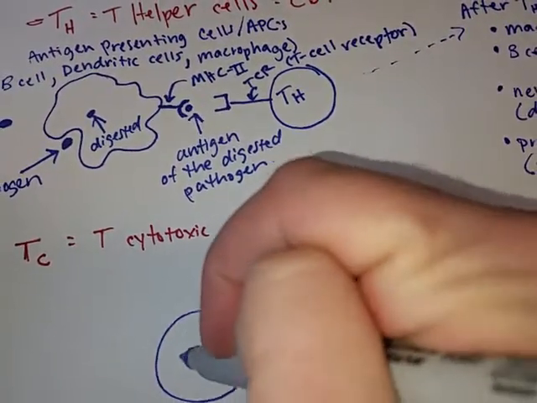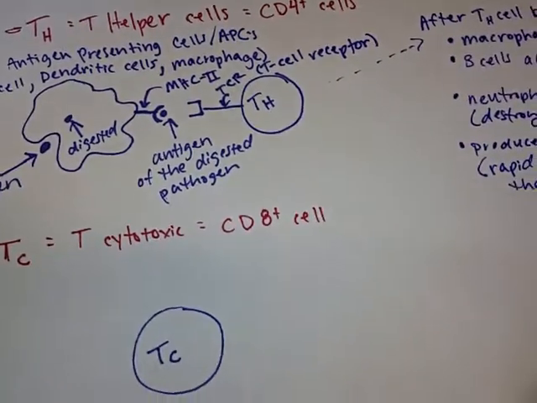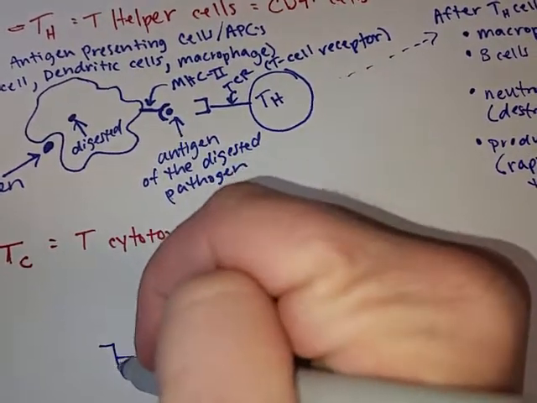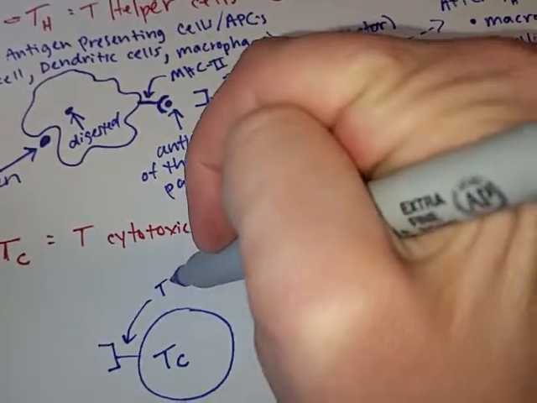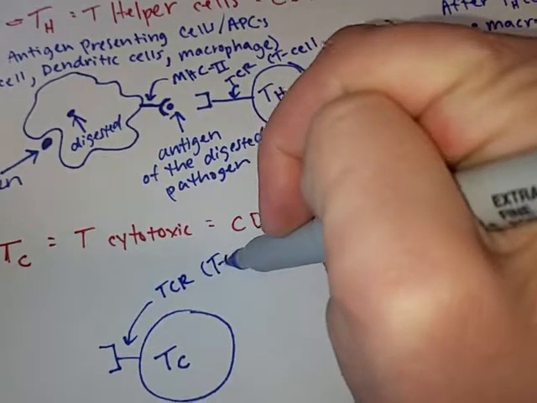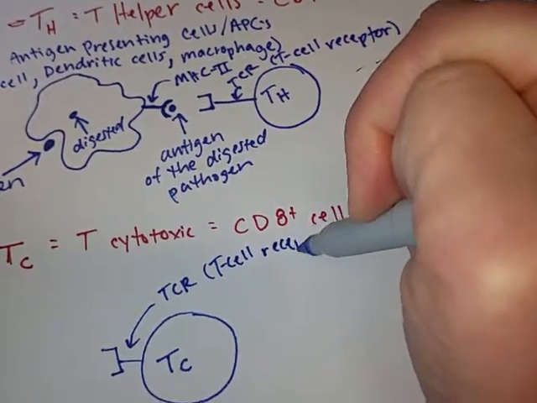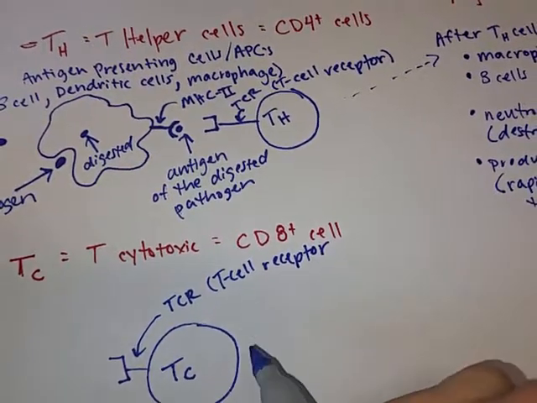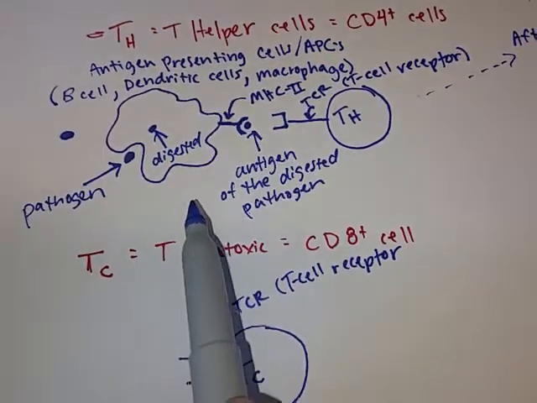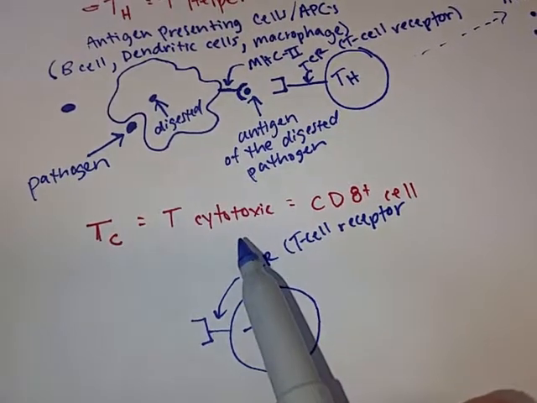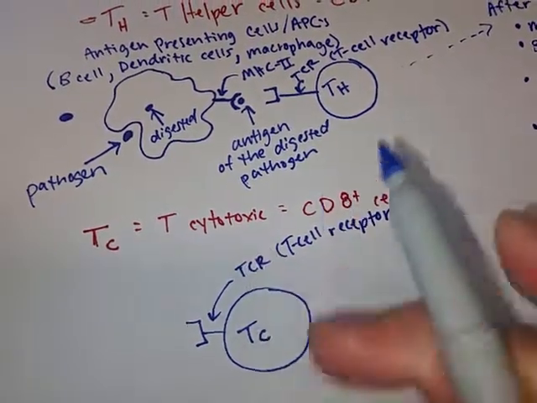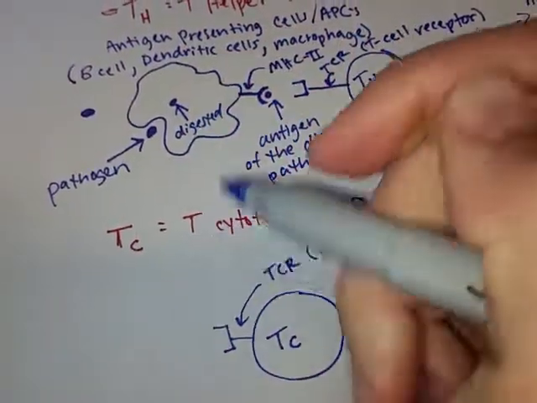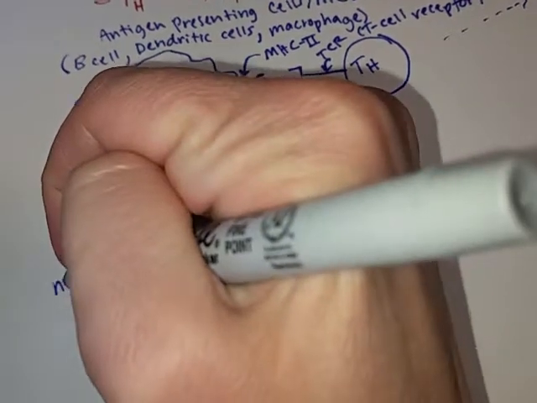We're going to have our TC cells, and these are going to have a T cell receptor, and what these are going to interact with, instead of interacting with antigen presenting cells, is what's called nucleated cells.